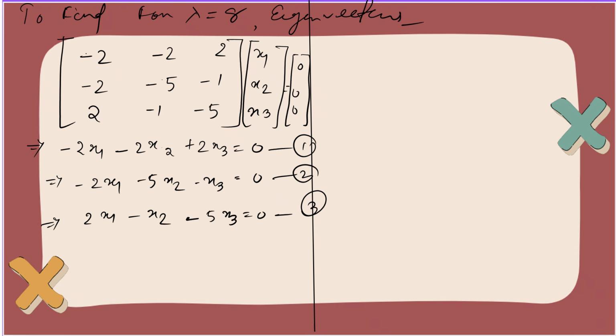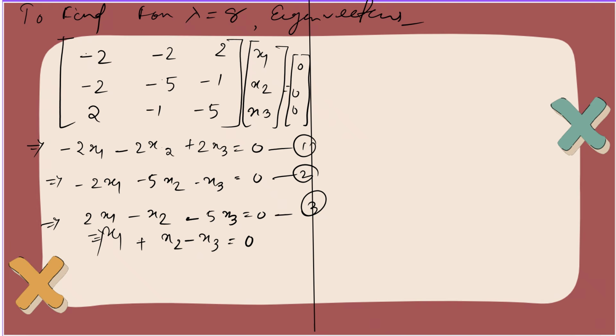But here, the first equation, if we take minus 2 common, becomes minus 2 times x1 plus x2 minus x3 is equal to 0.